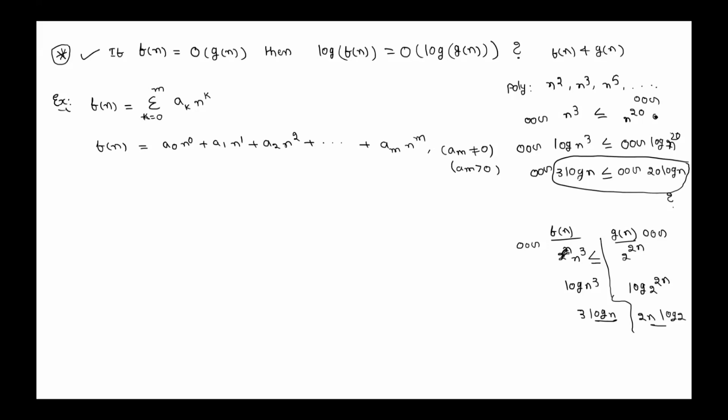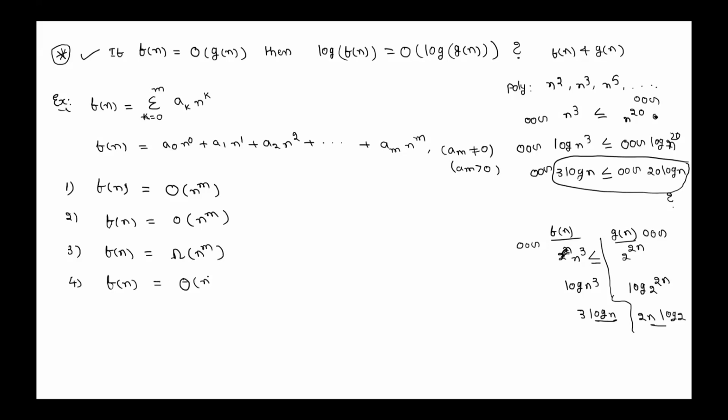If f(n) is given like this, I'll write different expressions and you tell me which is true and which is false. f(n) is big O of n power m; little o of n power m; big omega of n power m; theta of n power m; and little omega of n power m.